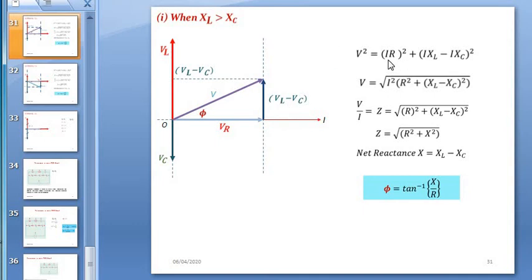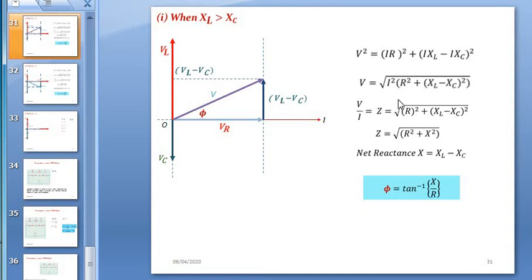What is VR? It is IR. What is VL minus VC? VL is I into XL and VC is I into XC. Taking I common, the equation will become V divided by I. What is V by I? V by I is nothing but impedance Z. This is equal to the square root of R square plus (XL minus XC) square.